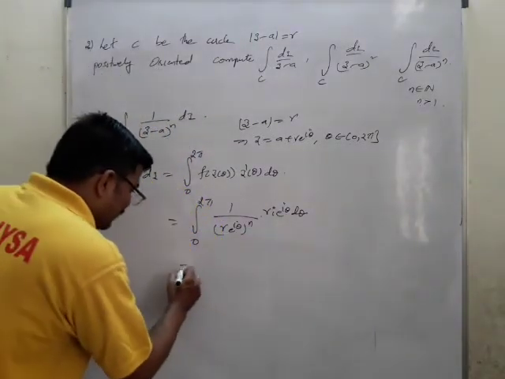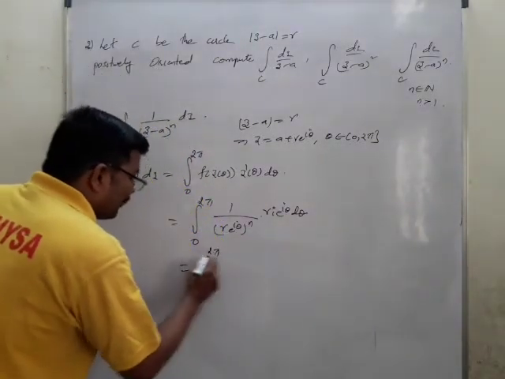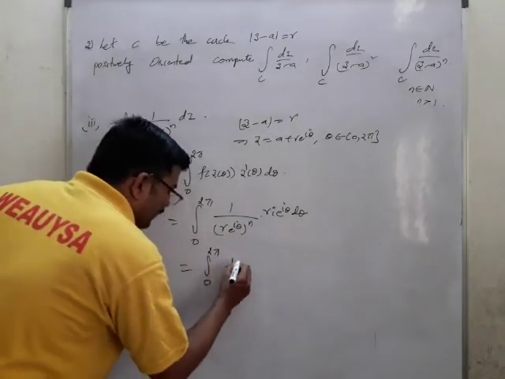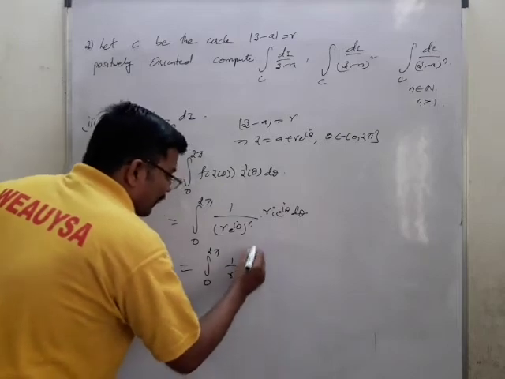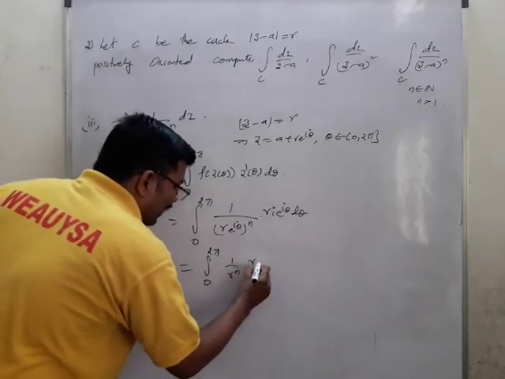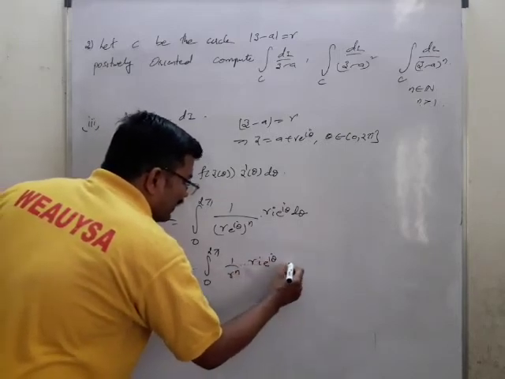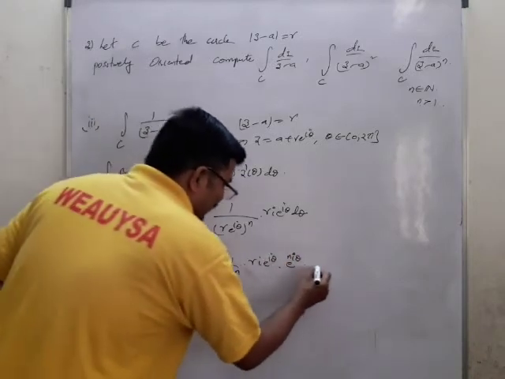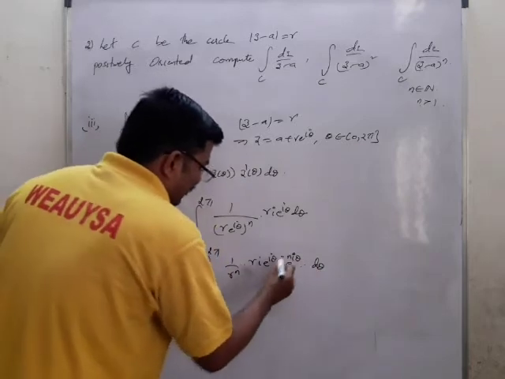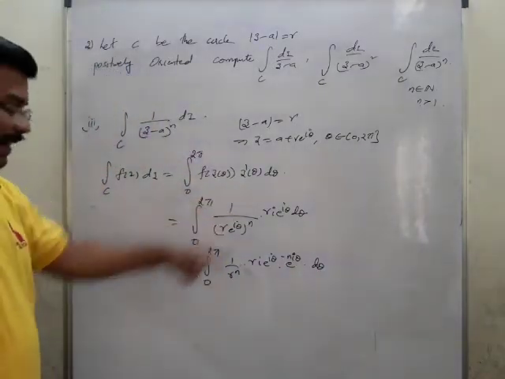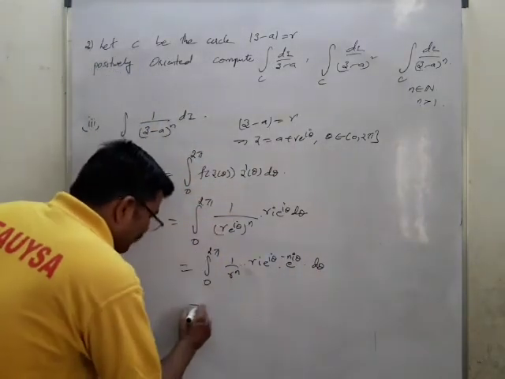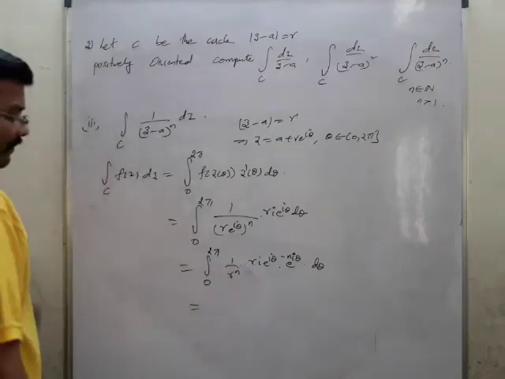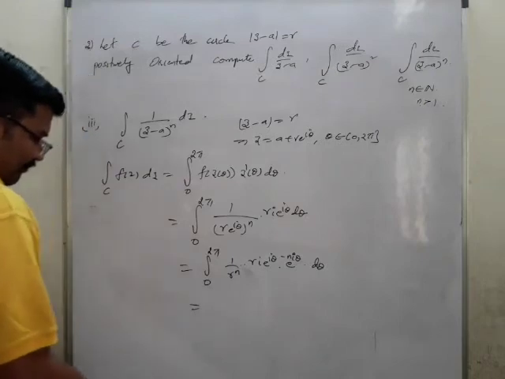Now this is the integral from 0 to 2 pi of 1 by r power n into r i e power i theta, with e power n i theta going to the denominator. So this will be r power n minus 1.